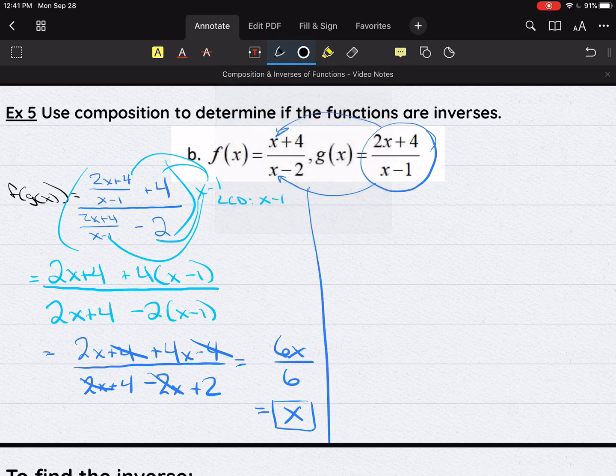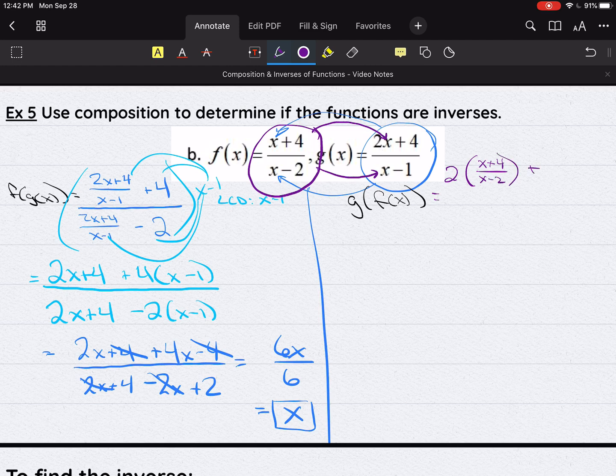Now let's do the same thing, but the other way. So I want to do g of f of x. I'm going to do this in purple. So this time I'm taking this and plugging it in here and here. So on top, I would have 2 times x plus 4 over x minus 2 plus 4.